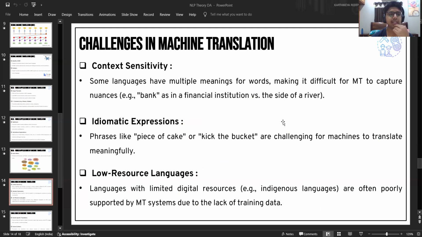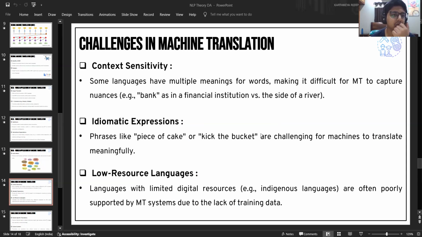So some of the challenges in machine translation include context sensitivity. Sometimes languages have words with multiple meanings, and MT can struggle to capture the correct nuance. For example, the word bank could mean a financial institution or the side of a river. And next, idiomatic expressions. Phrases like piece of cake or kick the bucket are challenging for machine translation to translate meaningfully.